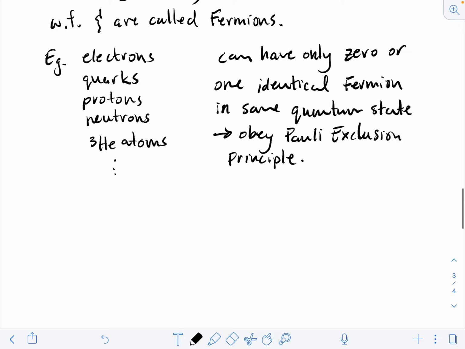Okay, the distribution function, or the average number of particles in a state for fermions, is given by the Fermi-Dirac distribution, and it has a similar form.